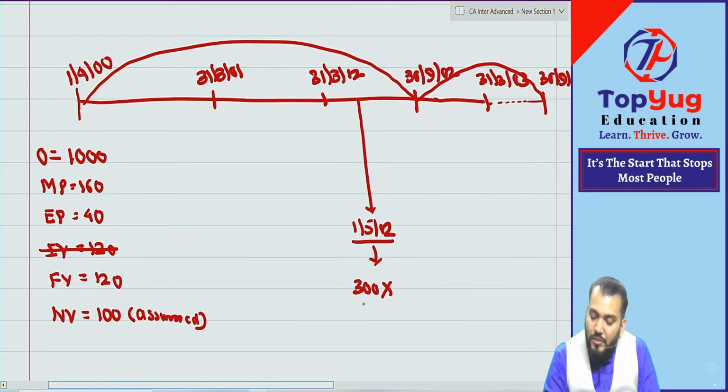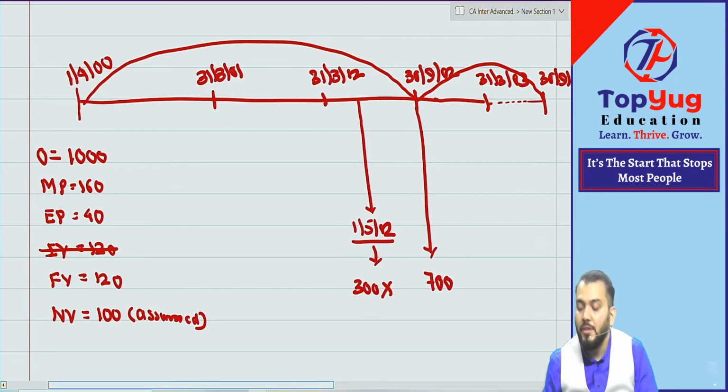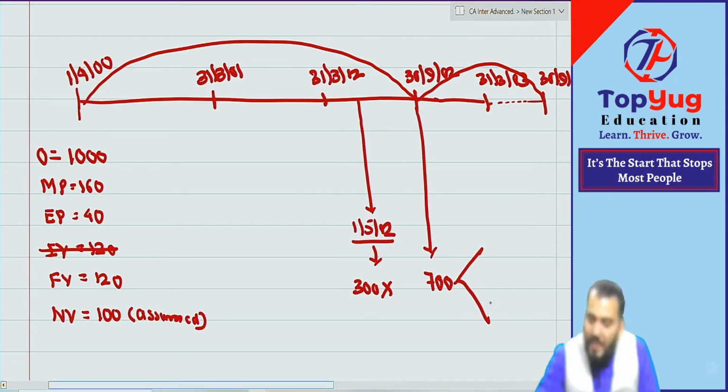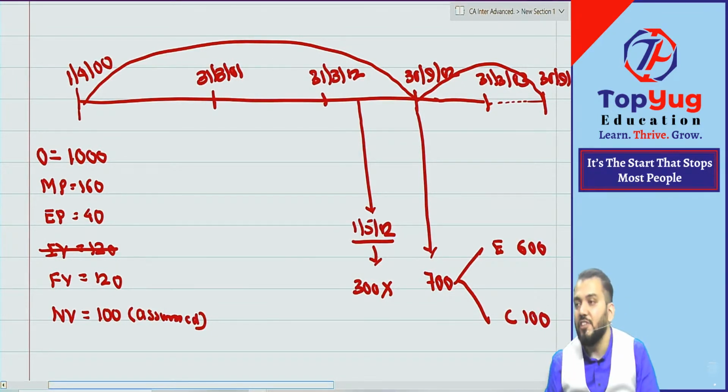So out of 1300 options, how many were vested? 700. Out of 700, how many exercised? And how many were cancelled? 100 were cancelled. Got it? This is the entire question expressed in one timeline.